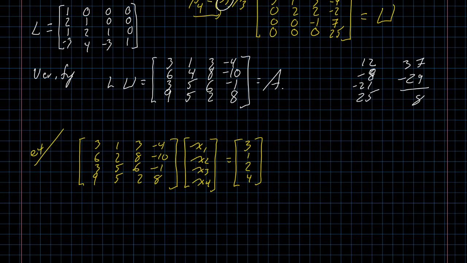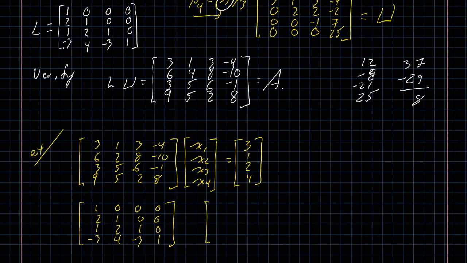And I know that matrix A has an LU factorization. I just spent how much time finding it. So my first step is going to be to rewrite this using my LU factorization. So matrix L, 1, 0, 0, 0, 2, 1, 0, 0, 1, 2, 1, 0, -3, 4, -3, 1. Matrix U, I'm leaving a little bit of space so I can come back in here and jot some notes later.